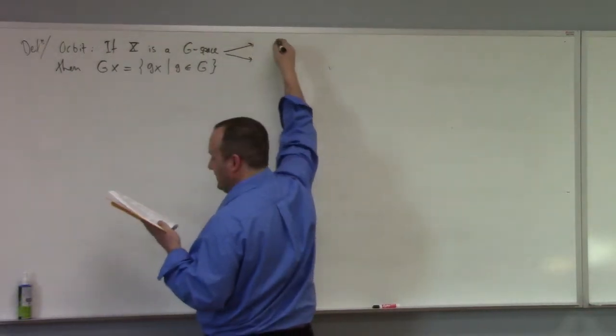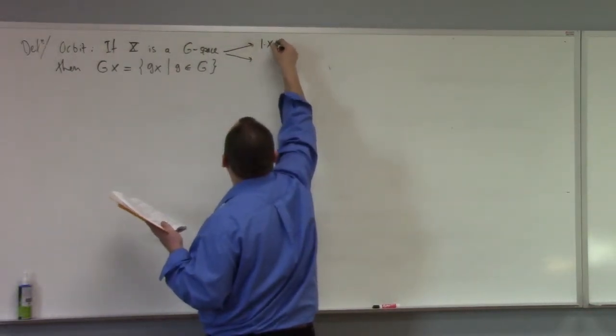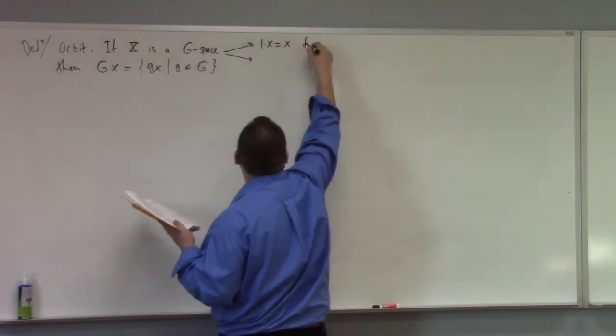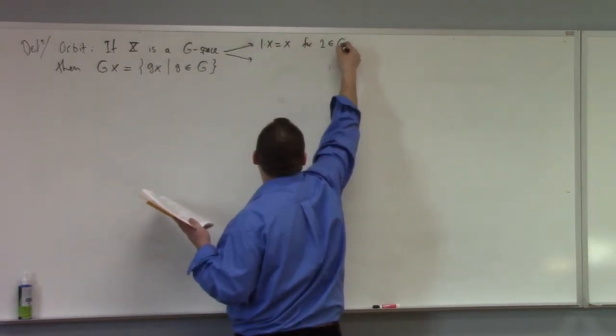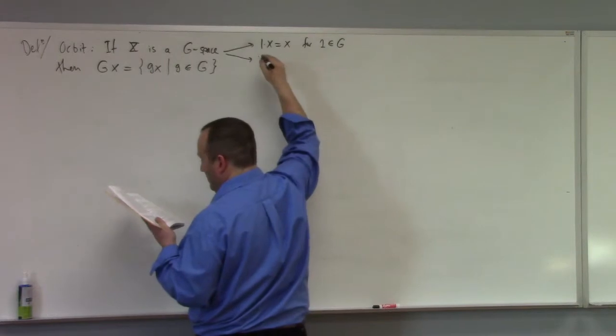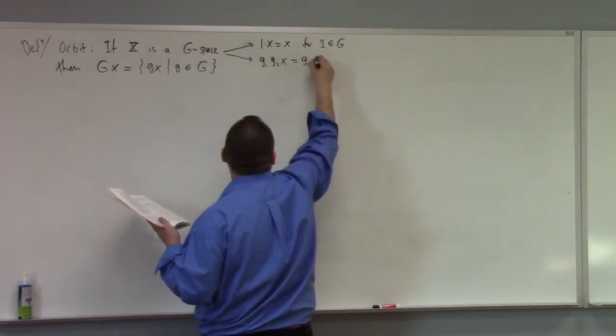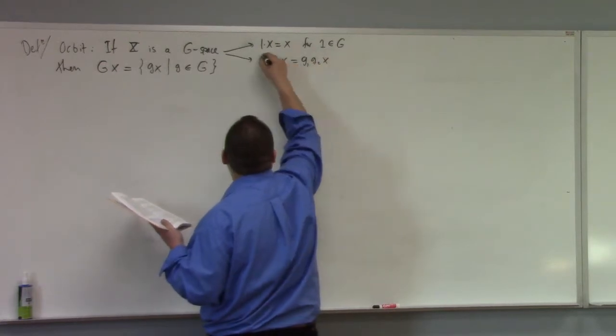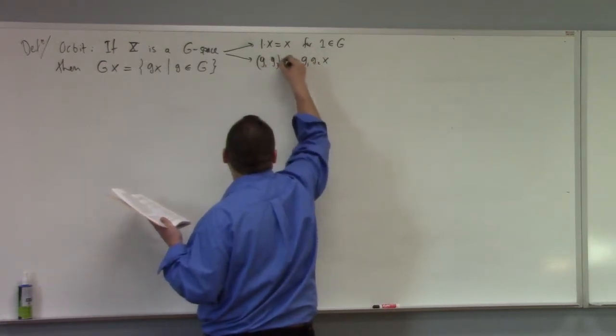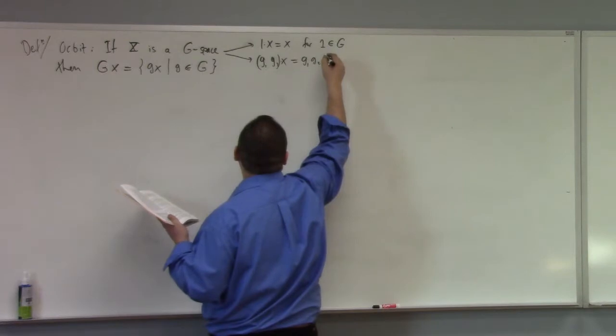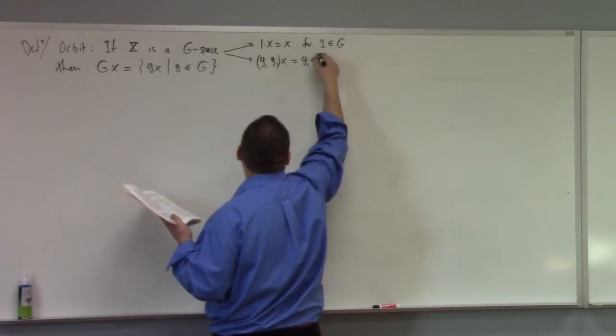A couple things, right? It means that 1 times x is equal to x for 1 being the identity in G. And also, if we have g1, g2, x, we get (g1 g2)x = g1(g2 x). In other words, if I first multiply g1 and g2 in the group and then let that act on the point x, it's the same as if I let g2 act on x first and then let g1 act on that.